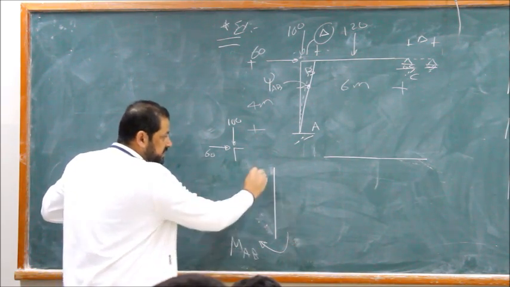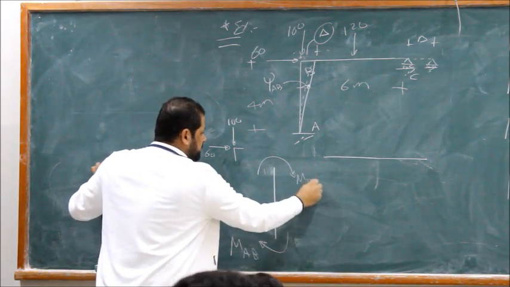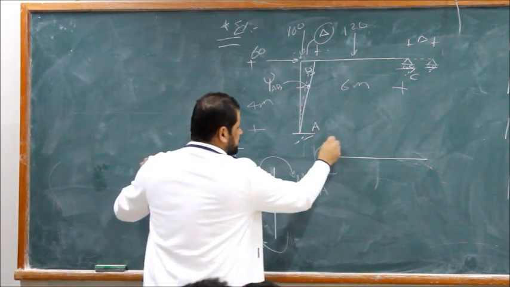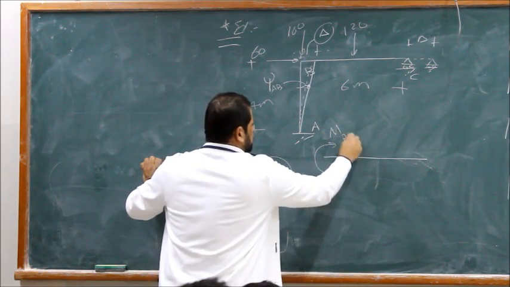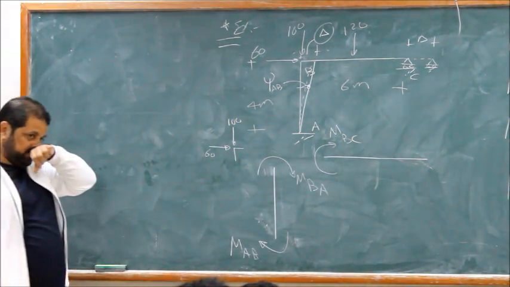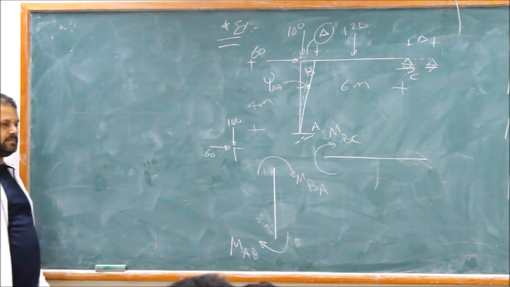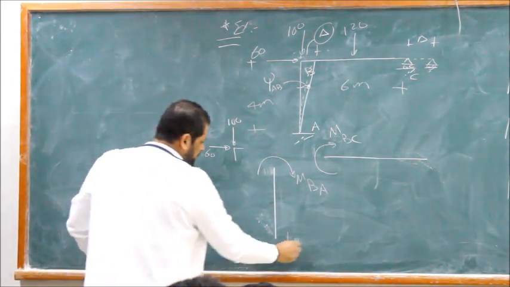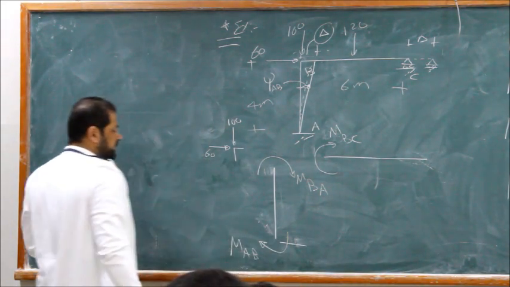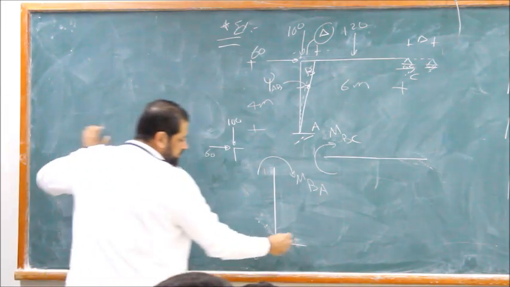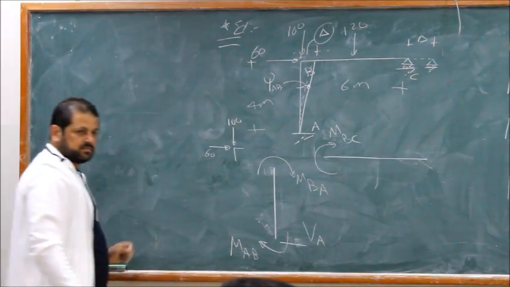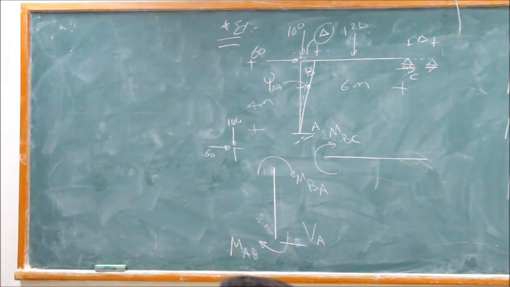And this? And this? Now, I get the equation MAB.